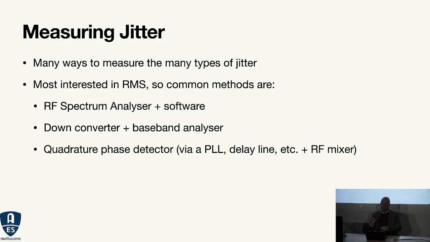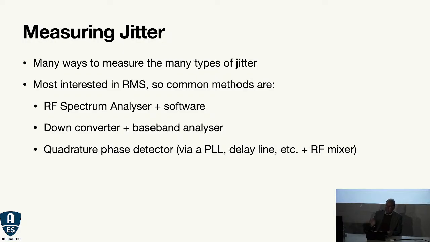Basically, you have a mixer, you have an input, and you have the same input shifted by 90 degrees. The output of the mixer will be a DC signal that is the phase difference between those two, which sounds exactly like what we want to do to measure jitter. There are various ways to get that quadrature. You can do it with a PLL, which has its own issues. You can do it with a delay line, and so on.